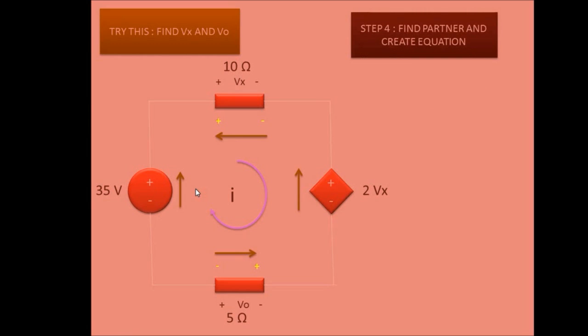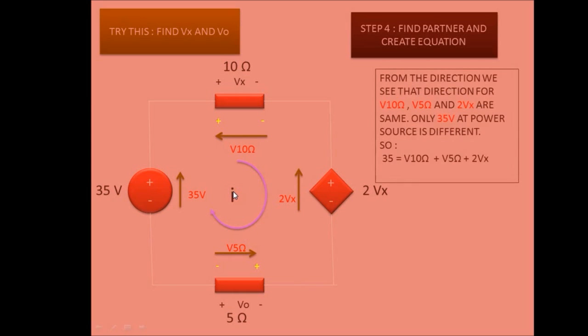Okay, this is how to create the equation. Here we have V5 ohm, Vx and V10 ohm. If you see here, they are in the same direction, so they are partners, and only 35 is alone. So the equation should be 35 equals V10 ohm plus V5 ohm plus 2Vx.